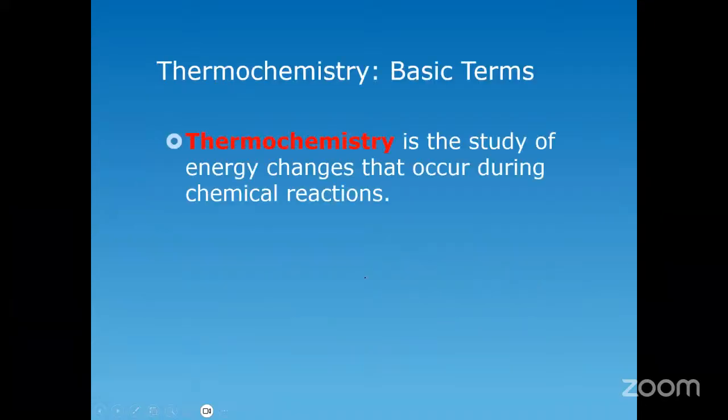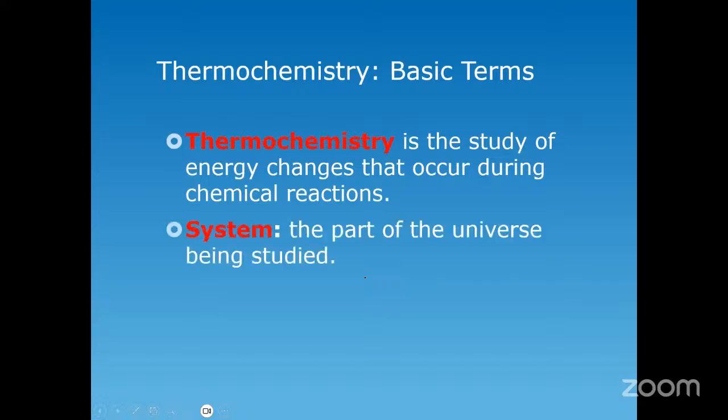Okay, some other basic terms. As I said before, thermochemistry is where we're concerned with energy changes that occur during a chemical reaction. So there are some terms that you need to be aware of that we'll be using from time to time in this chapter. The first of which is when we talk about the system, basically we're just talking about a particular part of the universe that we're studying.